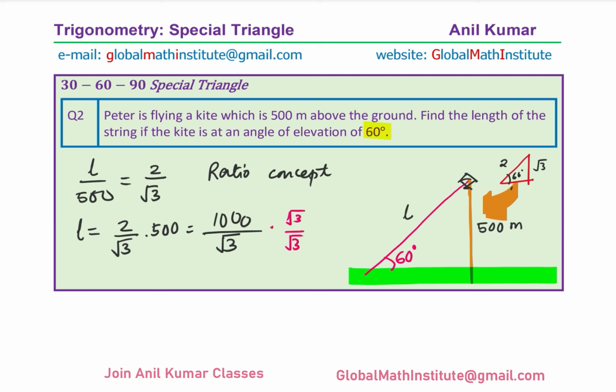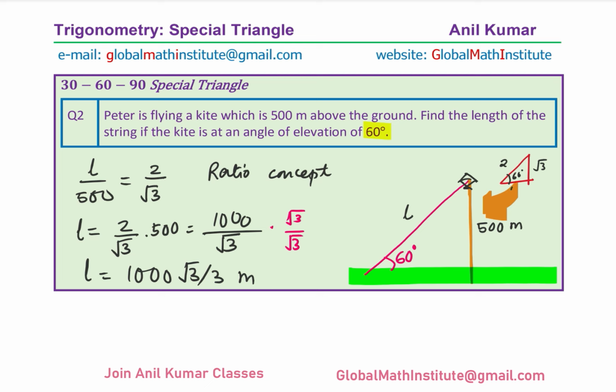And so what do you get? L is equal to 1000 square root 3 over 3, right? And the units are in meters. Does make sense to you? So that is how we could easily solve the particular question, and this answer given to you is the exact value, right?